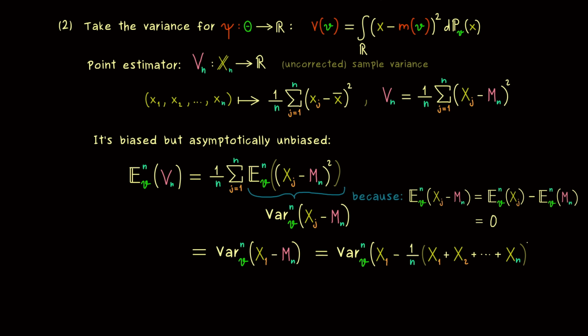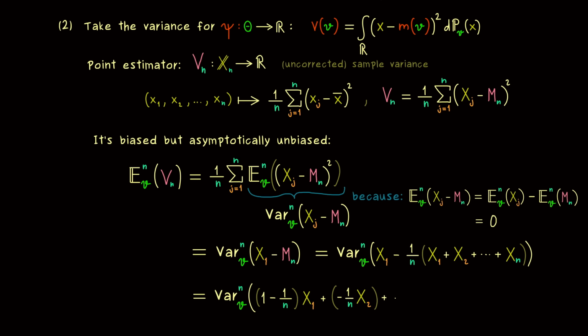And now the idea is that we can use the properties of the variance to split this whole sum up. Therefore, in the first step here, let's put the correct coefficients in front of each of the xj's. So x1 has 1 minus 1 over n, and all the other ones just have minus 1 over n.